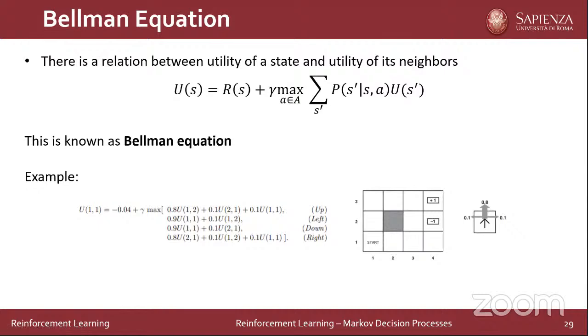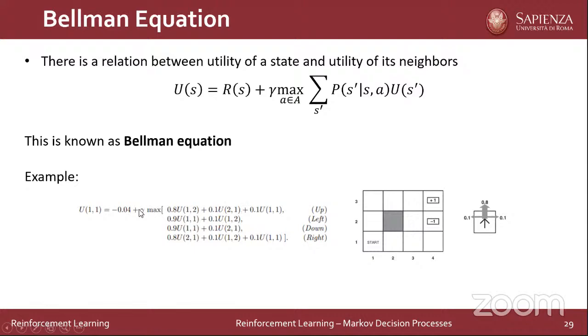So 0. We start with 0. So basically, at the first iteration of value iteration, the value of (1,1) will be minus 0.04 only. Same for this one, same for this one. Only here we'll get minus 1 and plus 1. At the next step, now every one of these individual states has some value.